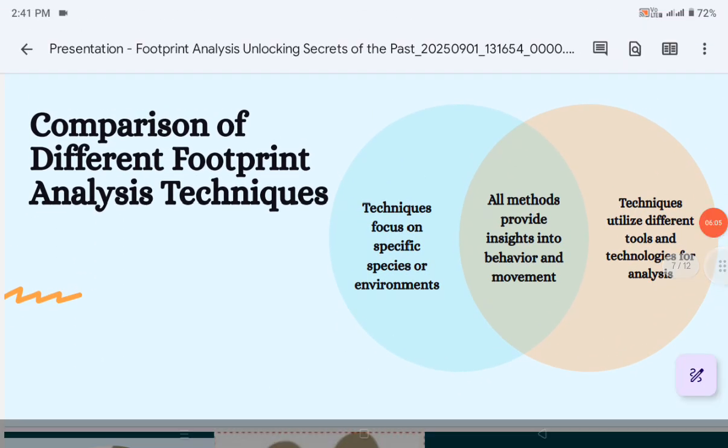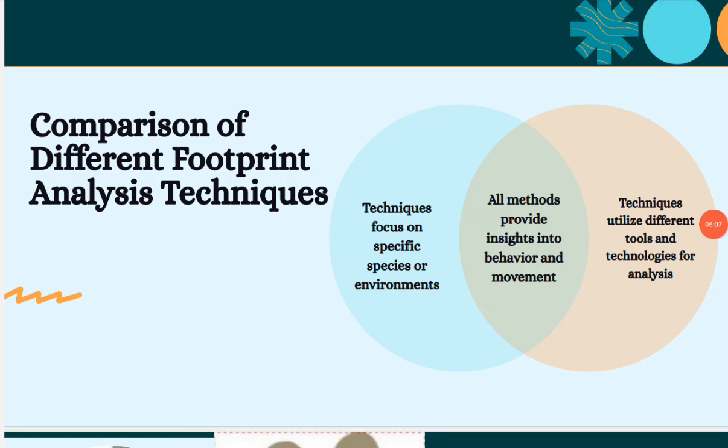Likewise, these methods reveal the behavior and the movement of the person or the animal at the crime scene. We can use other technology or advanced tools for deeper accuracy, and some techniques focus on specific species or environments.